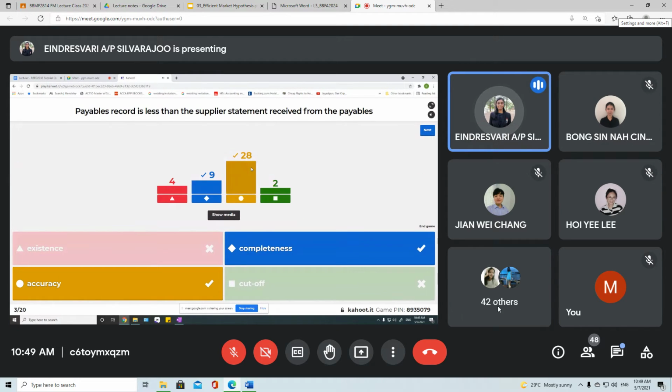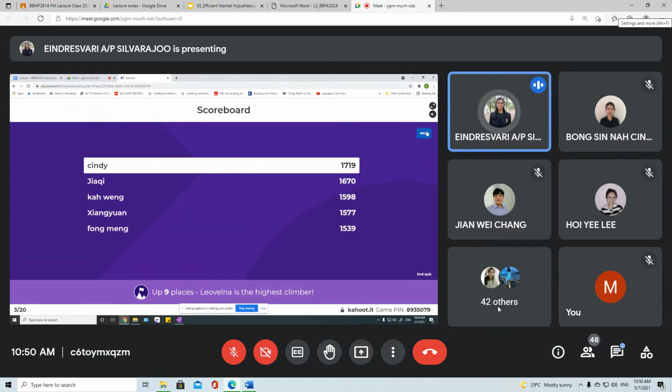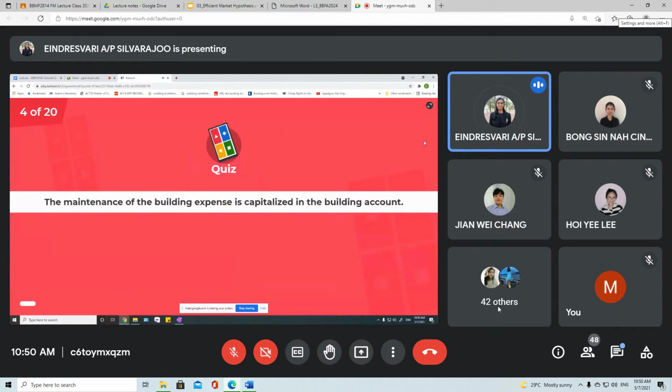So the payables record, that means the trade payables ledger, is lesser than the supplier statement. That means that could be omission. The accountant may have forgotten to record some of the documents or transactions.